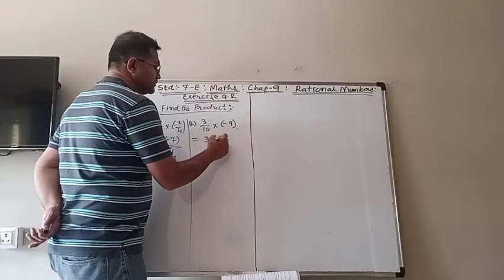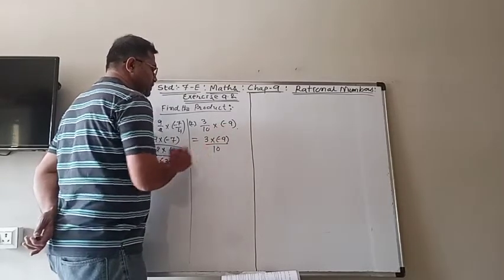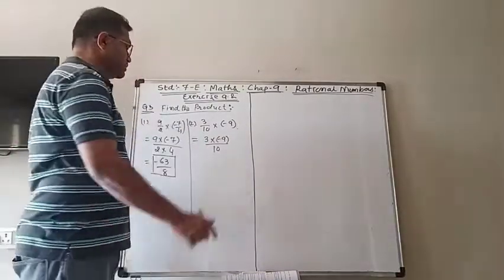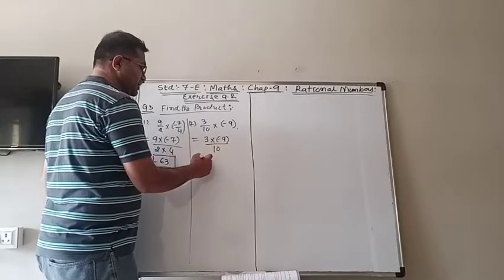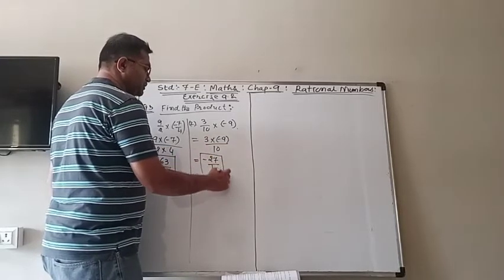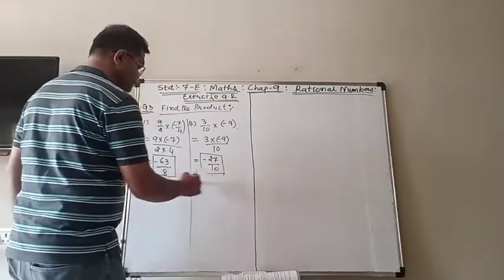So here 3 will be multiplied by minus 9 and 10 will be as it is. So there, 3 nines are minus 27 upon 10. That will be your final answer.